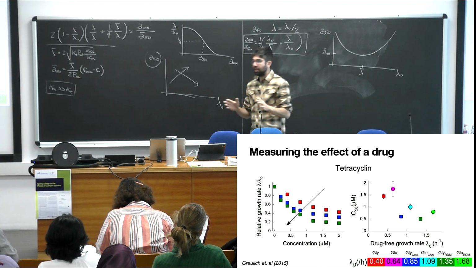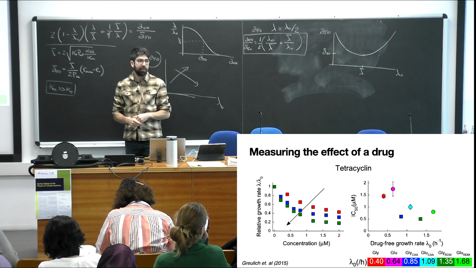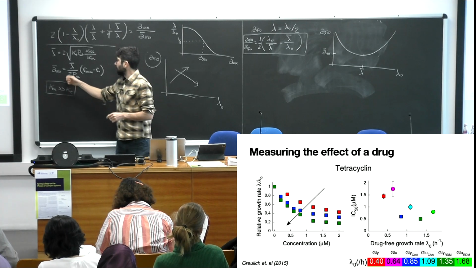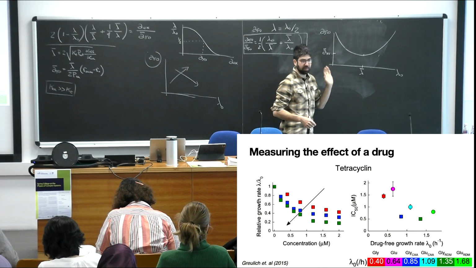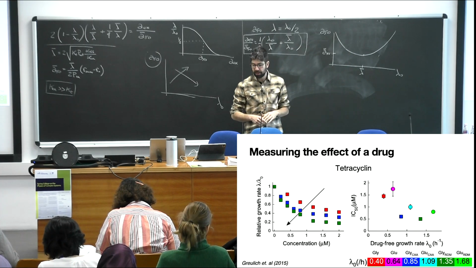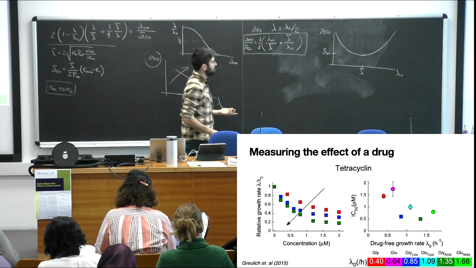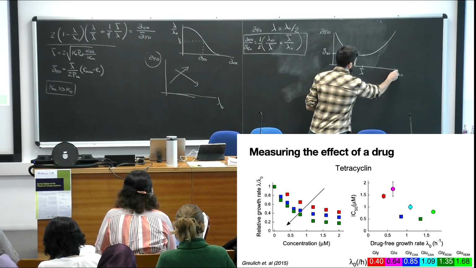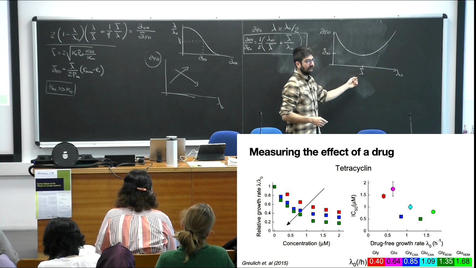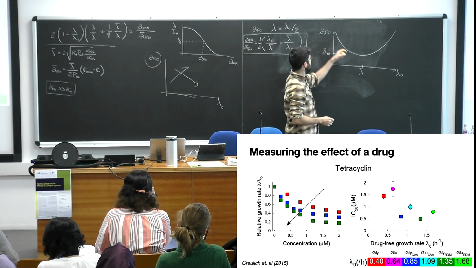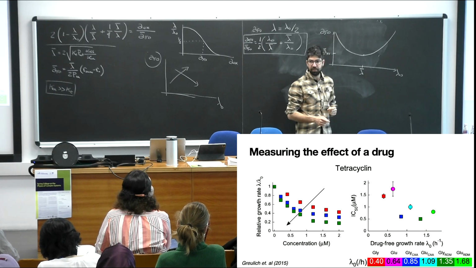These two are expressed as a function of the parameters. Now you see why I put the 2 here: I wanted to have this nice interpretation of the result. The other interesting observation is that depending on whether lambda naught is lower or larger than lambda bar, this function is decreasing or increasing.